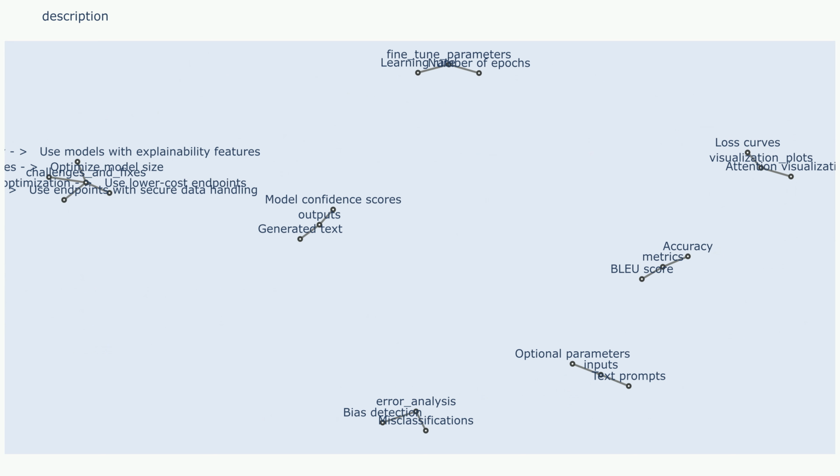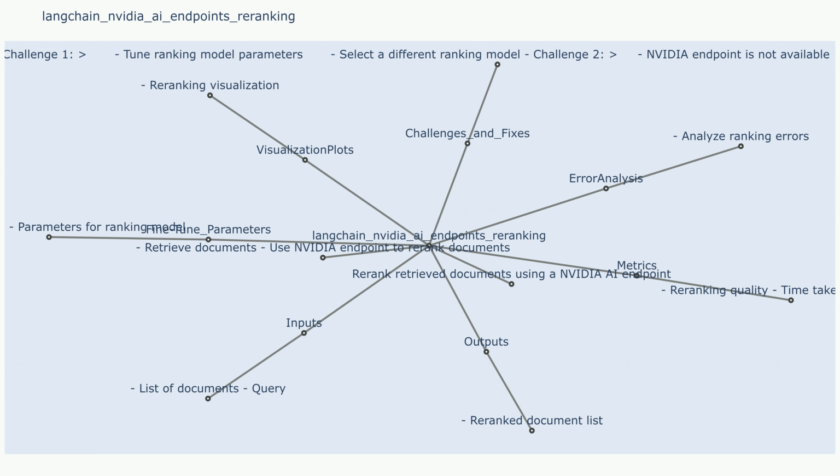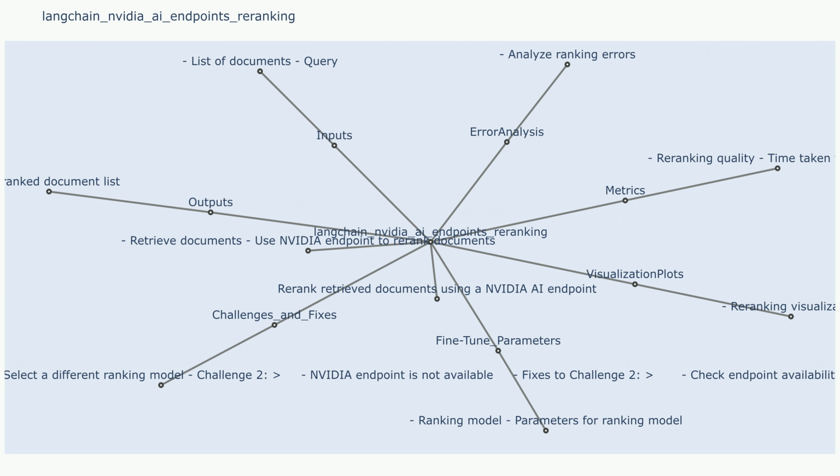Inputs. Query. The user's input, which is used to trigger the search or retrieval of information. Initial retrieval results, a list of documents or responses retrieved from a knowledge base or language model, typically ranked based on basic similarity or retrieval scores.